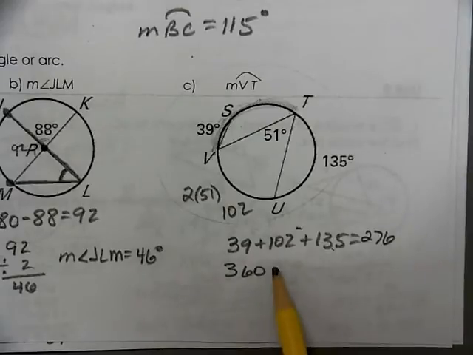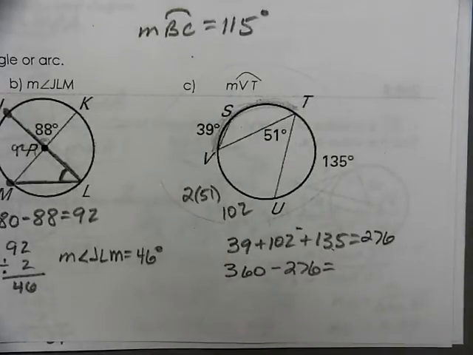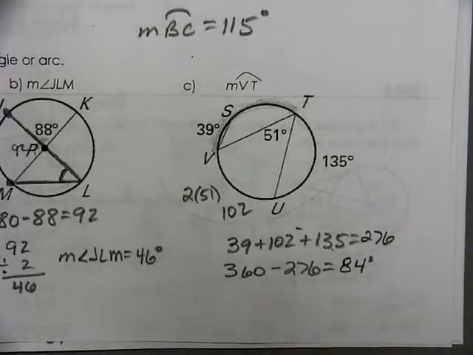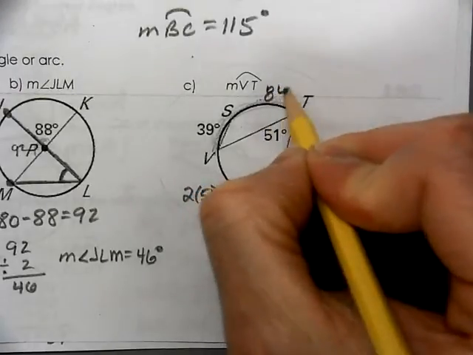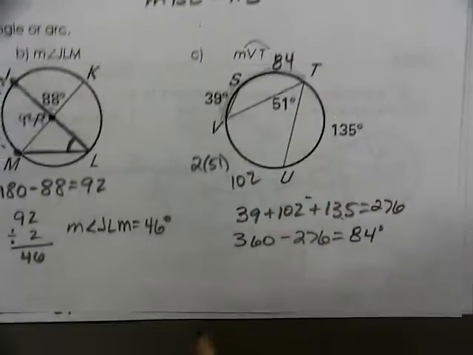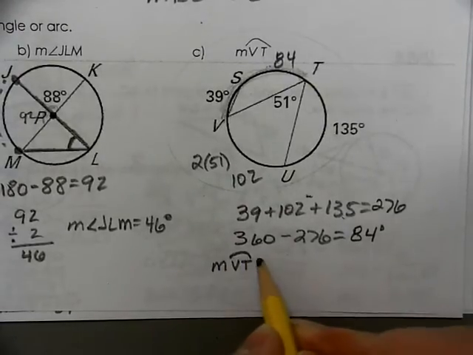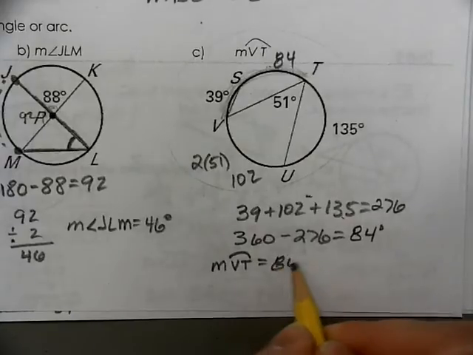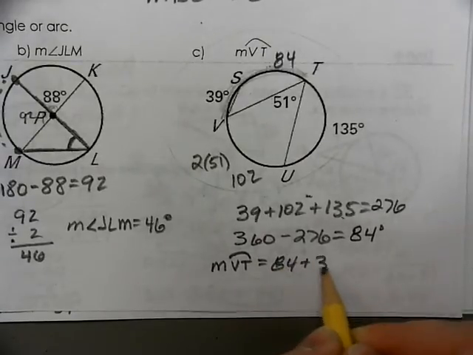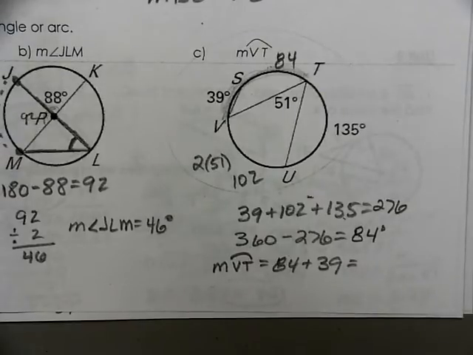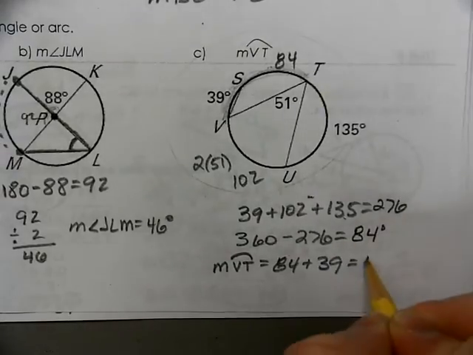So 360, not including the 276, gives us 84. So this is 84. The measure of arc VT is 84 plus 39, which is 123.